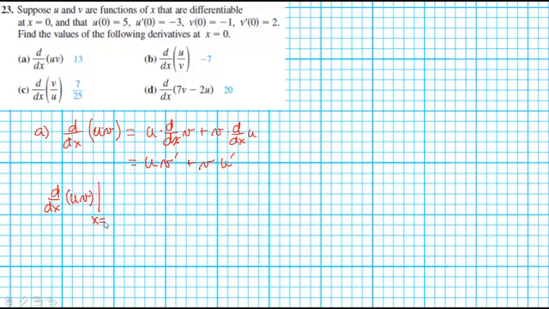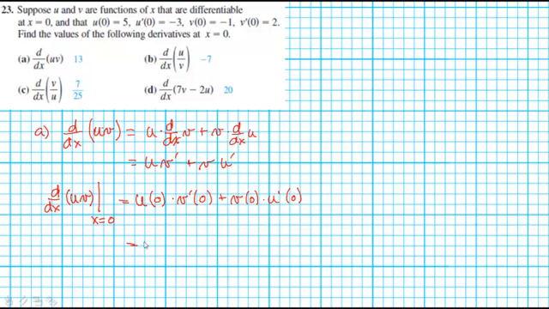When x is equal to 0, it's u, the function u, at the value 0, times the v prime function, remember derivatives are functions, at 0, plus v at 0 times u prime at 0. And then we ask, what is u?